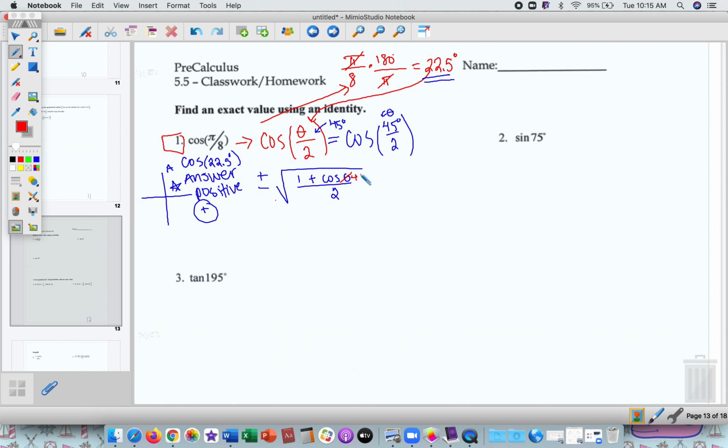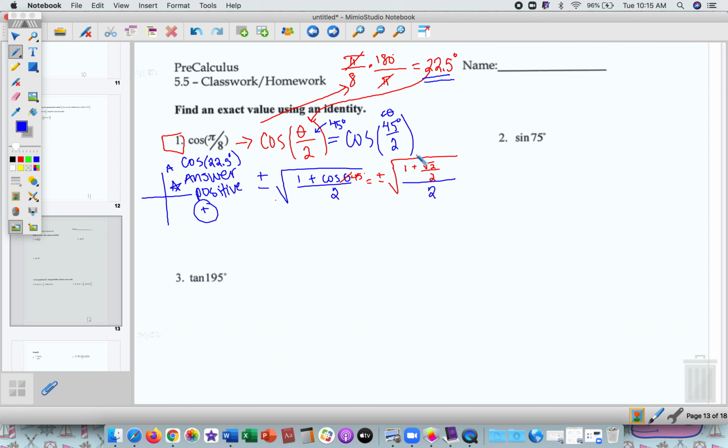What's the cosine of 45 degrees? Well, the cosine of 45 degrees is root 2 over 2. So we'll still say plus or minus the square root of 1 plus root 2 over 2, and this is all over 2.